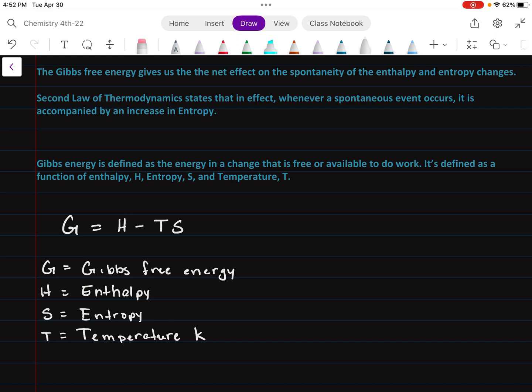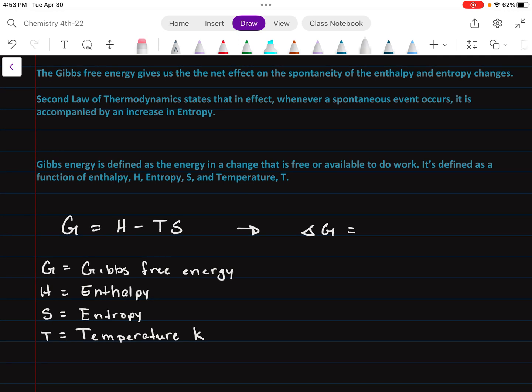Okay? Now, G, H, and S are not absolute functions, meaning that they are functions, but they're not absolute. So we have to rewrite this in a way. It makes more sense to write it as the change in the Gibbs free energy is equal to the change in the enthalpy minus temperature times the change in entropy, right?